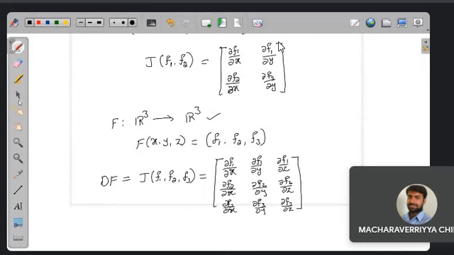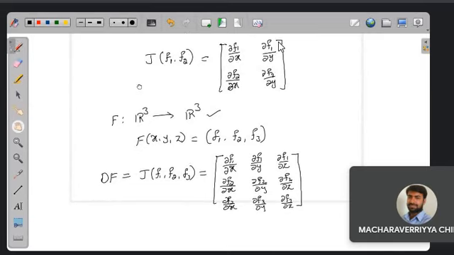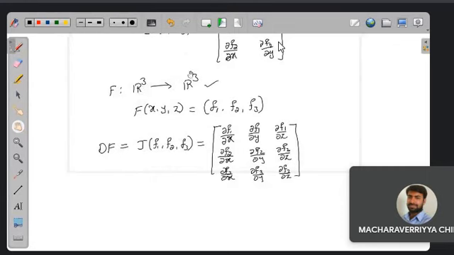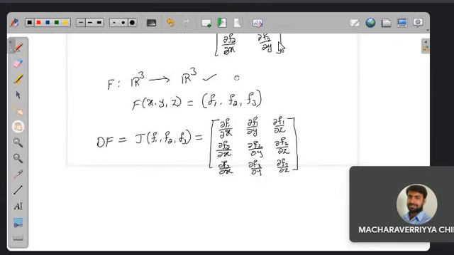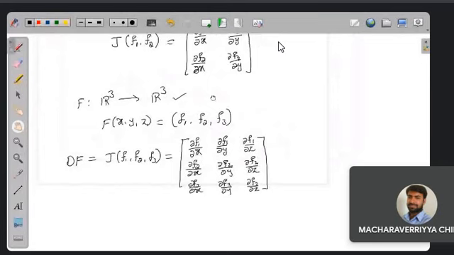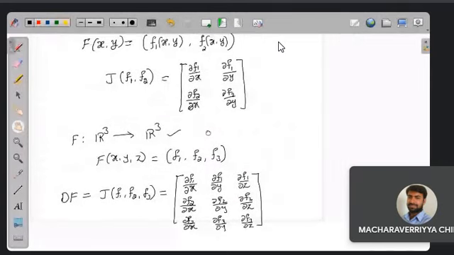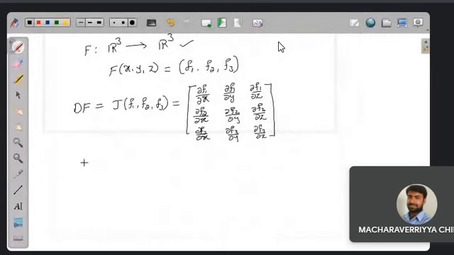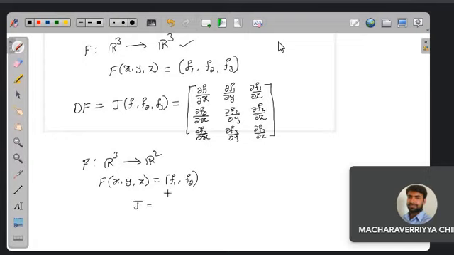Right? And of course, you can write a Jacobian matrix for R3 to R2 also. So in that case, what happens? Let's say you have a function from R3 to R2, okay, and how is it going to be defined? F of x, y, z is equal to just two functions, f1 and f2. But here, in this case, the Jacobian matrix is not going to be a square matrix.